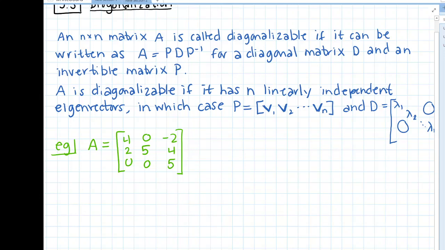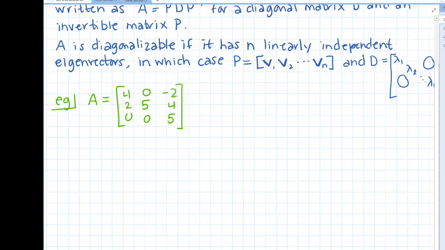Along the way we'll figure out whether it is actually diagonalizable. We're going to find the eigenvalues, find the eigenvectors, and if it turns out that we don't have enough linearly independent eigenvectors, then it's not diagonalizable. If we do, that gives us our matrix P, and our eigenvalues give us our matrix D.